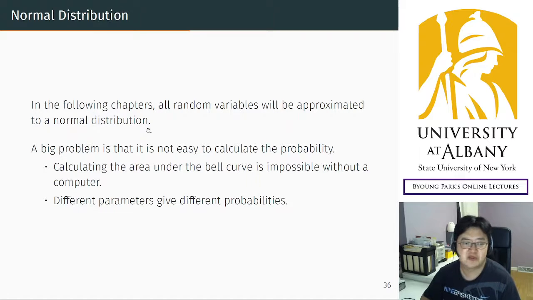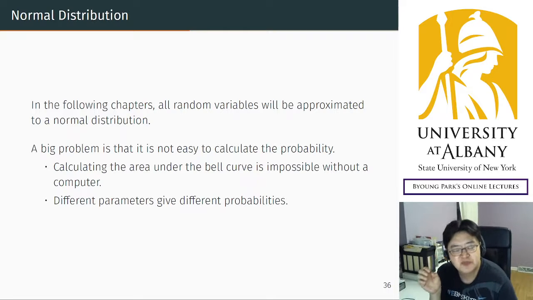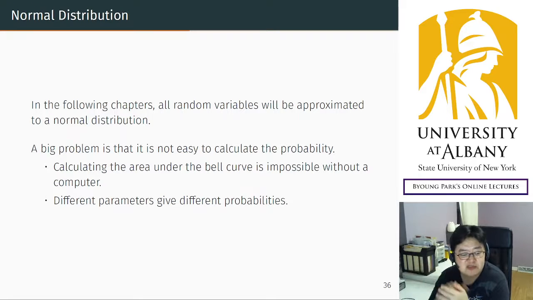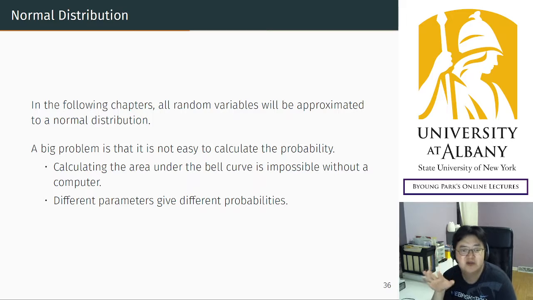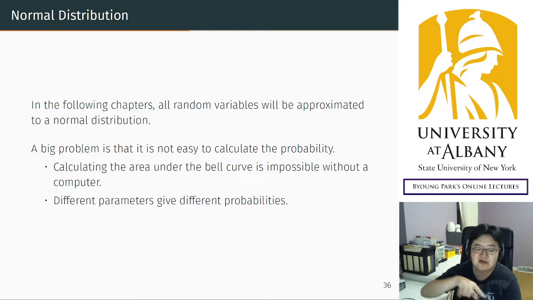However, the problem here is the bell curve looks nice, but what we have to do with the bell curve is to calculate the area below it, because it is the probability density, which is devised to understand probability as an area. So we have to calculate the area, but it's not a straight line.